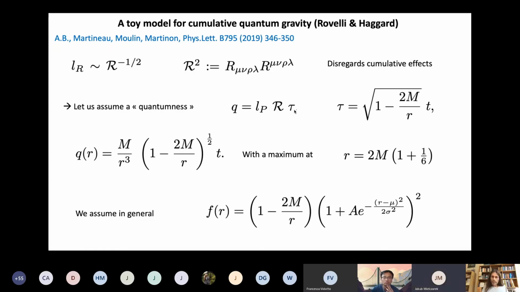Sorry, Aurélien, there's a question by Chun-san. Oh, yes, may I ask a question? Is this term ghost-free? This R to the power minus half, defining this square of the Riemann tensor. Is this term free from ghost instability?